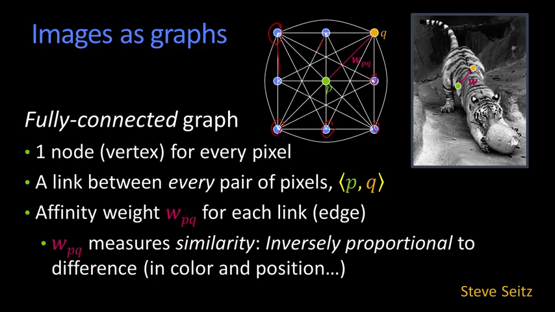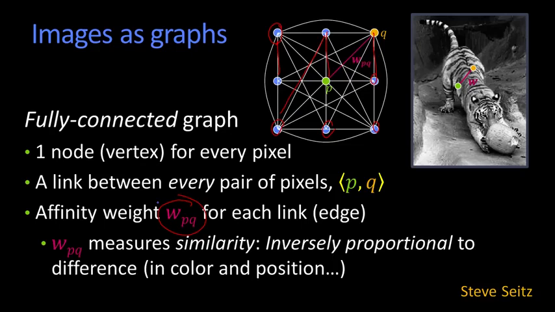Just as in any other graph, those are the edges of our graph. And on each edge, there's what's referred to as an affinity weight, or just a weight. Here that's written as w_pq. And the idea is that I'm going to need an edge for any weight that is non-zero, and the weight is going to measure the similarity between two pixels.